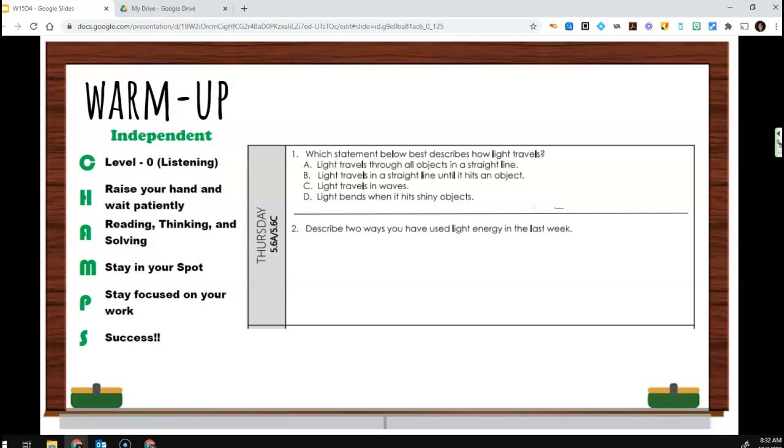D, light bends when it hits shiny objects. I got a better idea. 1 for A, 2 for B, 3 for C, 4 for D. What do we think it is?